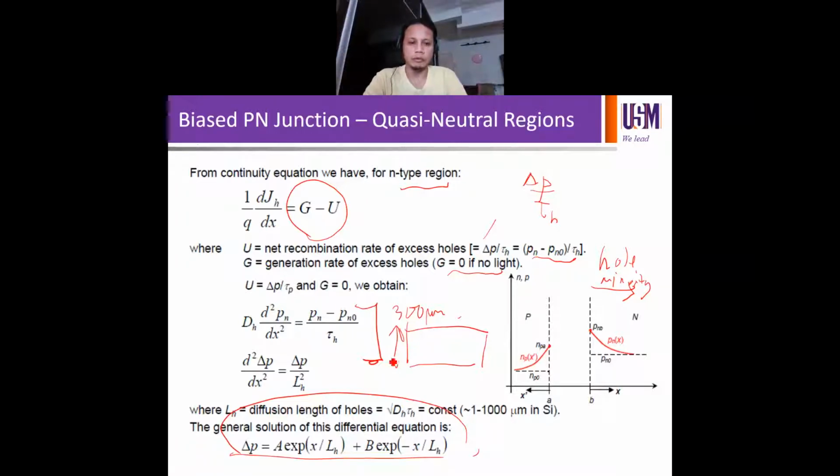So if your thickness is 300 micron in this case, what is the minimum diffusion length that you want to have to get a good device? How long do you want your carriers to diffuse? What is the minimum? Anybody?